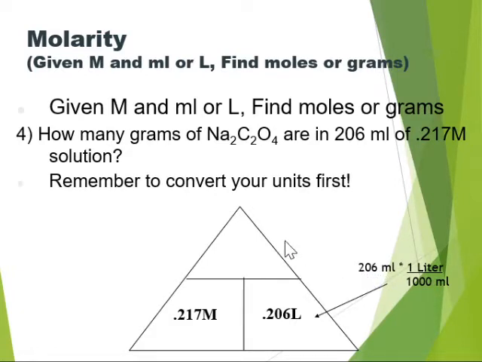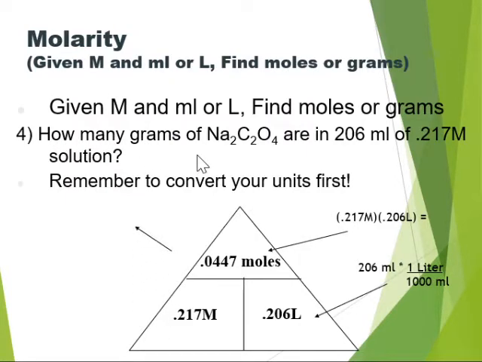Okay. And we want to know our moles. Well, this is the one that's empty. So what will we do? We multiply them together. 0.217 times 0.206, and you get 0.0447 moles. Okay? That gets us moles, but if we go back to our question, it says how many grams.